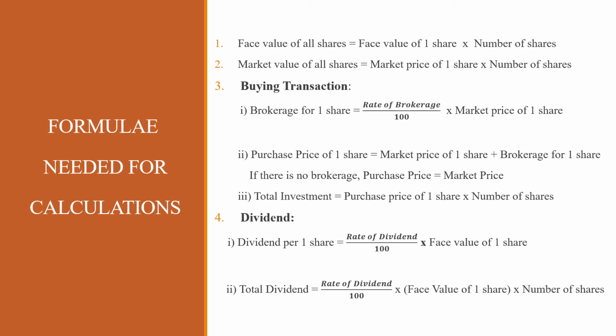Here we can find dividend for one share, which will be equal to rate of dividend upon 100 multiplied by face value of one share. As against this, we can also find the total dividend, which is rate of dividend by 100 into face value of one share multiplied by number of shares.